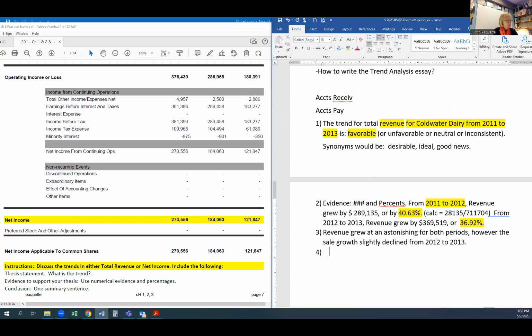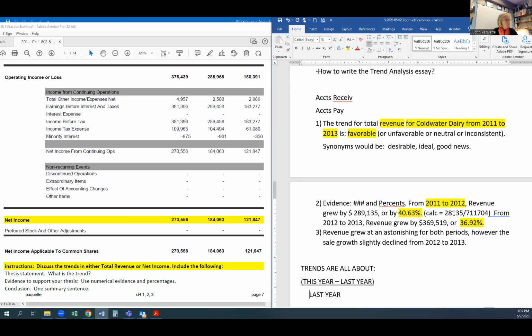So trends are all about calculation. This year minus last year divided by last year. That's the formula.